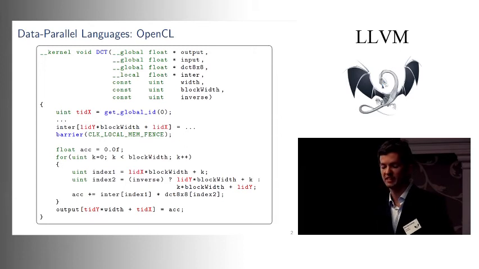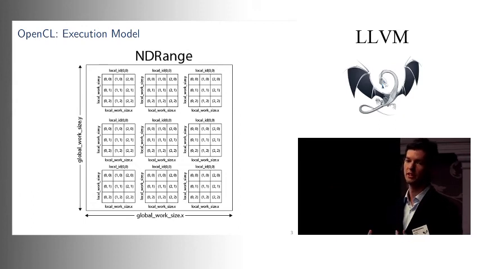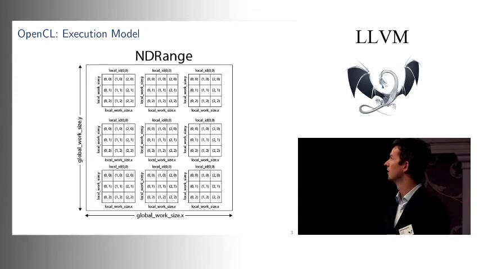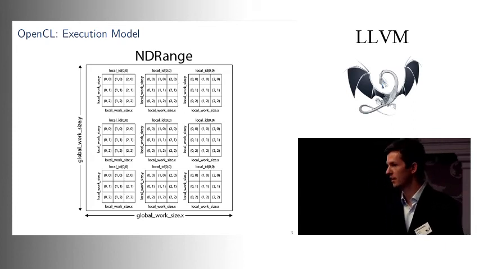Some of you may have seen the execution model before. Every box here is a single thread of the space of threads we have, and they are combined into groups. So you can query, for example, the group ID and the local IDs inside these groups. That gives you a natural way of implementing this on a CPU, which could look like this.